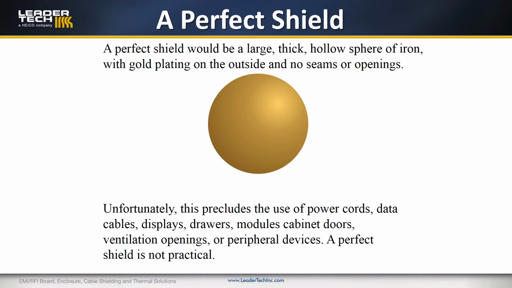The ideal shield is a large, thick, hollow sphere of iron with gold plating for maximum conductivity and no seams, gaps, or openings. Obviously, this isn't manufacturable or feasible because you wouldn't have any openings for power cords, cables, connections, anything like that. So we have to design our shields so that they still work in the real world, but they still provide the best levels of shielding effectiveness.